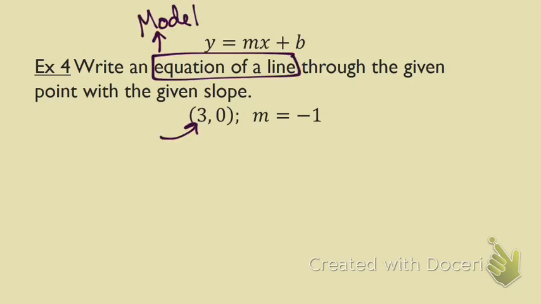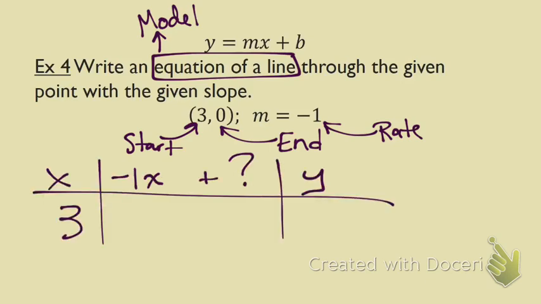Let's do it again. Starting with 3, ending with 0. And then my rate that I'm going to multiply by is -1. So, taking -1 times 3, how much more do we need to add in order to get to 0?